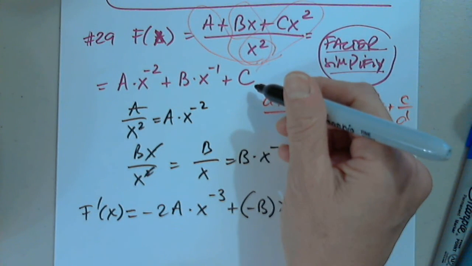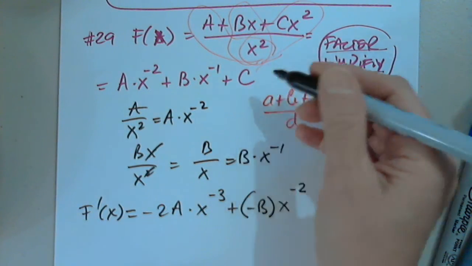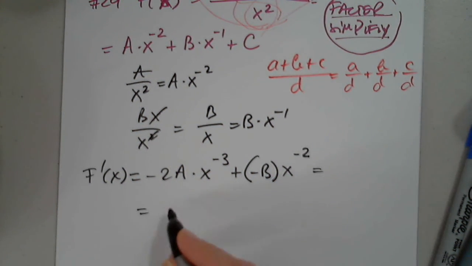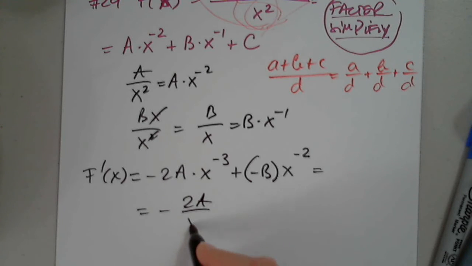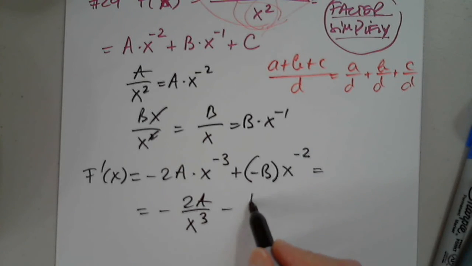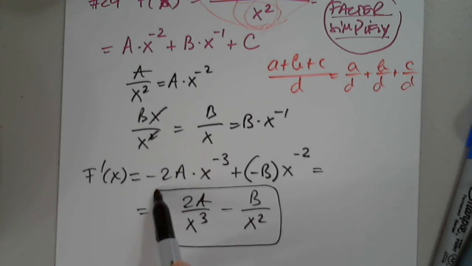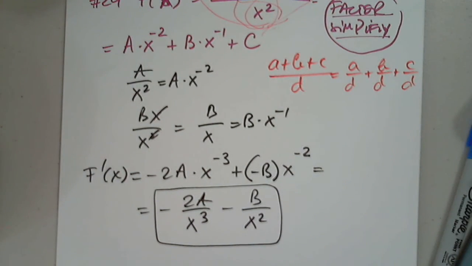I don't know. Anyone else? 0. 0, very good. So you can leave it as is, or you can write negative 2a over x cubed and minus b over x squared. So this is the derivative of the function that you picked.